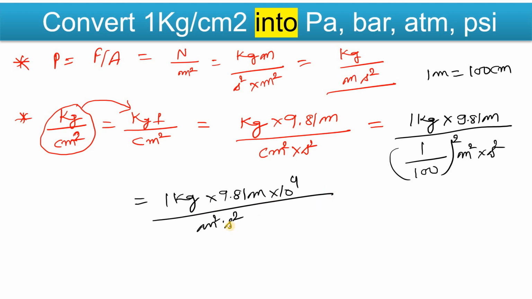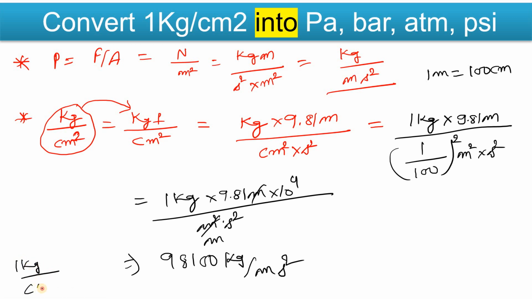Now this meter square and this will be cancelled, and here will be the meter. So now it will be 98100 kg per meter per second square, and this is equal to 1 kg per centimeter square.